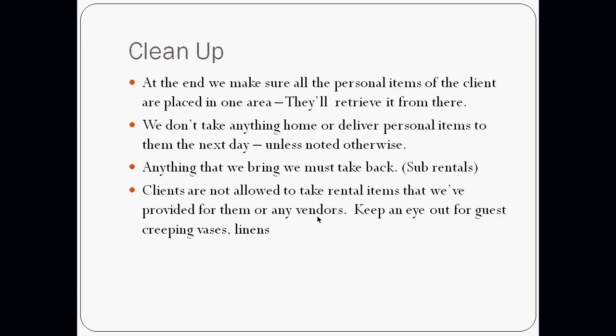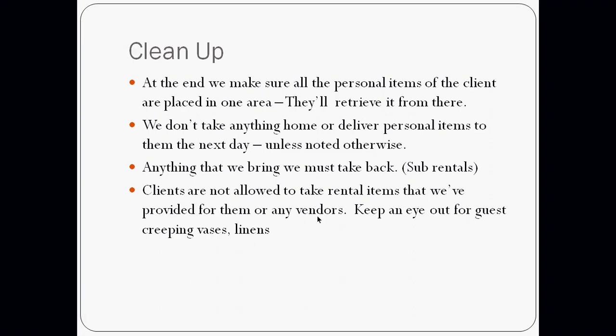Anything that we bring, and there's usually a list, or we just let everybody know these are our items. Any sub-rentals such as linens, glasses, flatware, anything that Out of Box has brought from our vendors for the client, we have to make sure that we get everything back. Because what happens on the back end is if one of the clients' guests decides to take a linen or a runner, we have to pay for that.